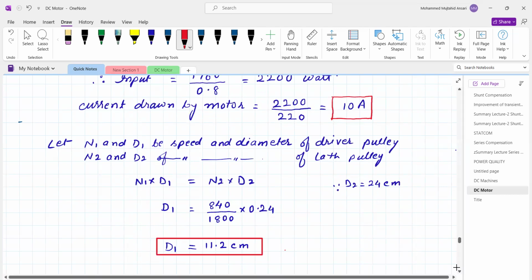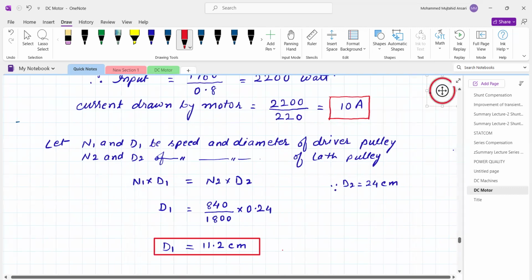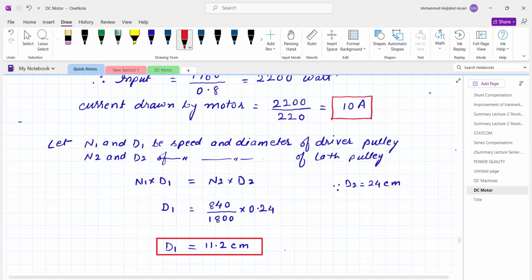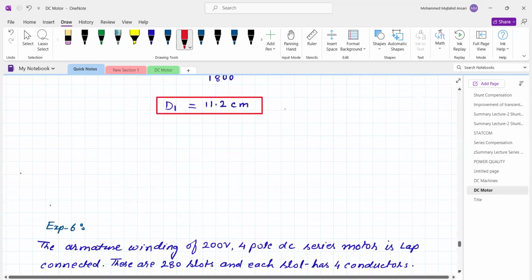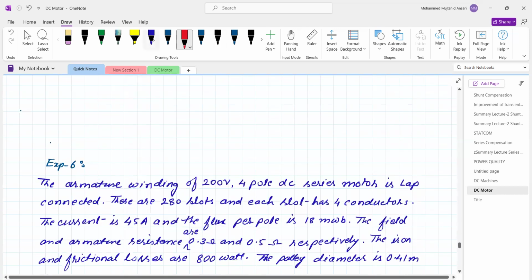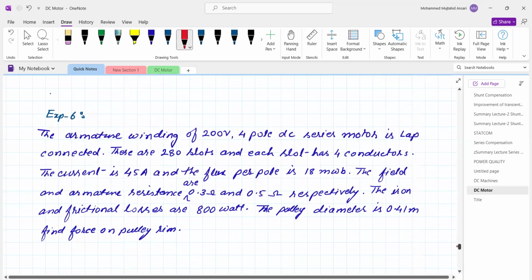Now we will see the next example. Okay. So the next example is: the armature winding of a 200 volt 4-pole DC series motor is lap connected.